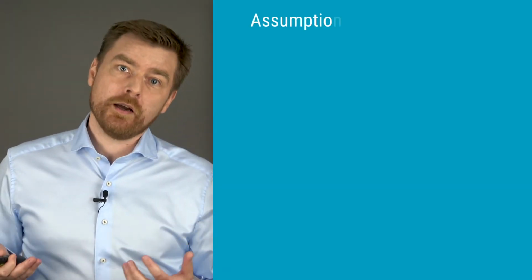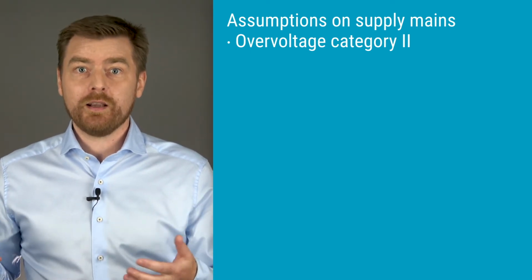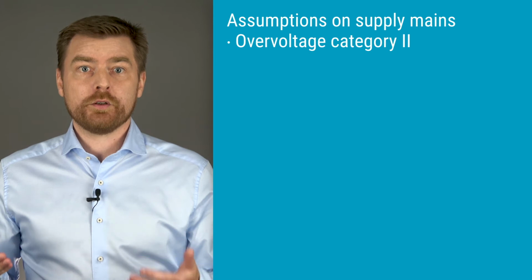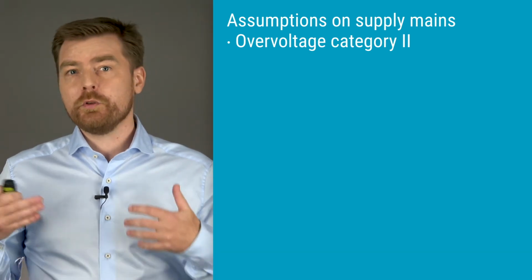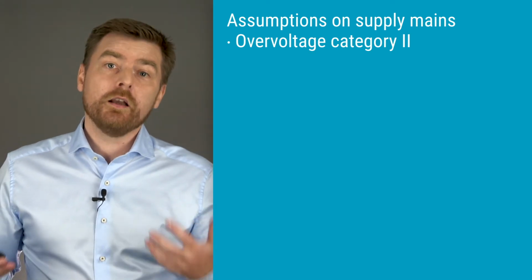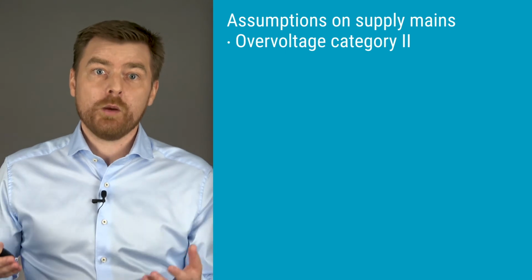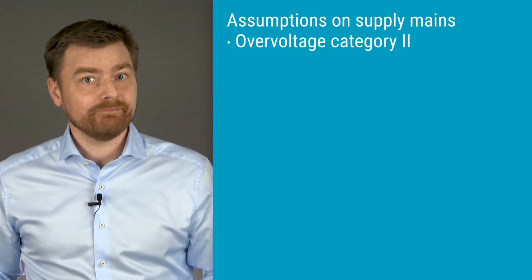It also provides general assumptions on the supply mains voltage. These are overvoltage category 2, used to determine test levels for mains transient voltages. So unless you specify otherwise, the requirements for category 2 apply.